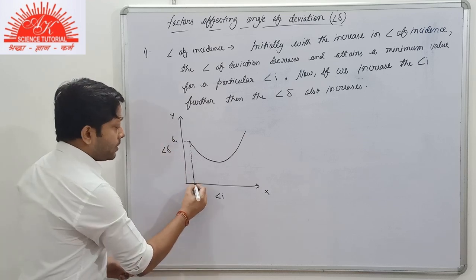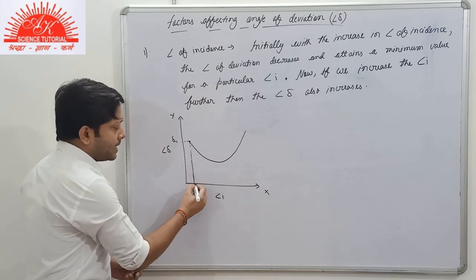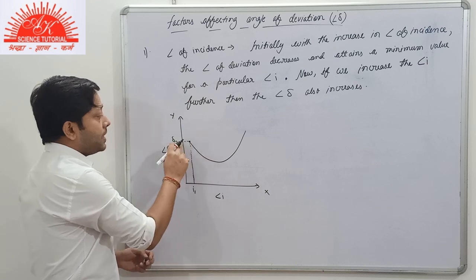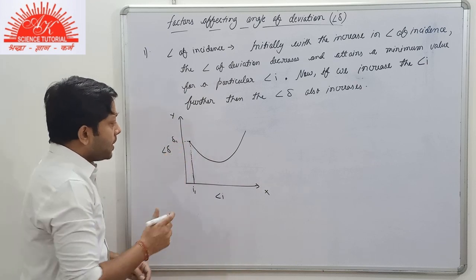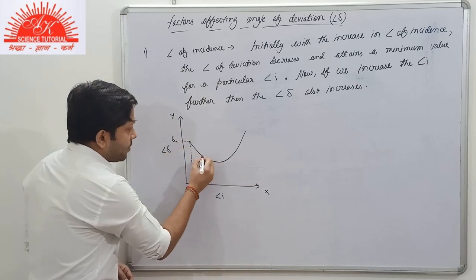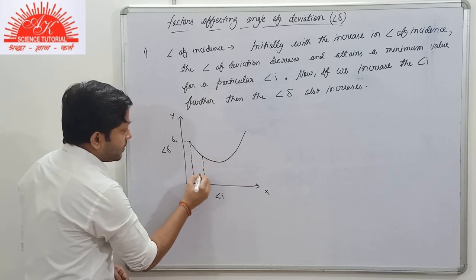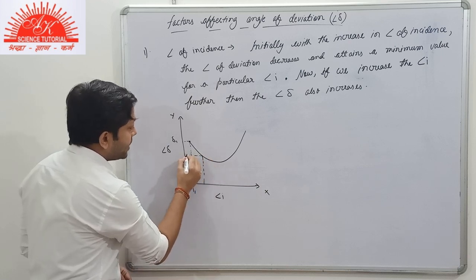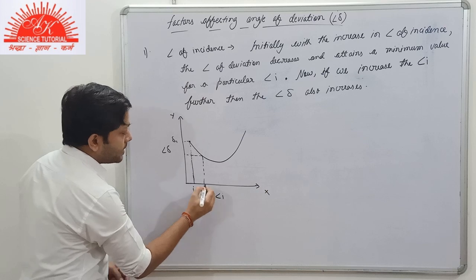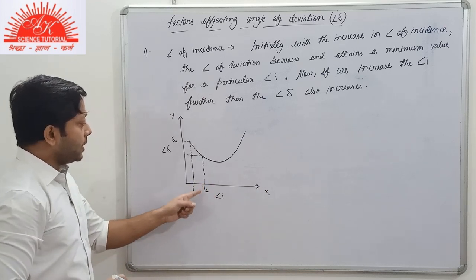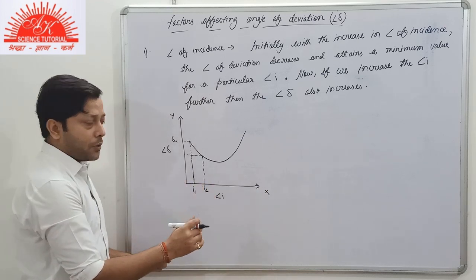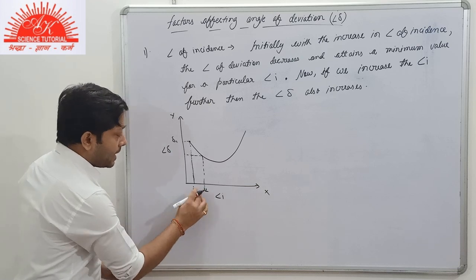Whatever the value of angle of incidence is, the angle of deviation here is greater. But if we take this point, suppose the angle of incidence here is I2. It's very clear that I2 is greater than I1.